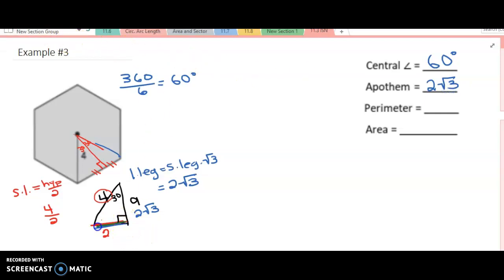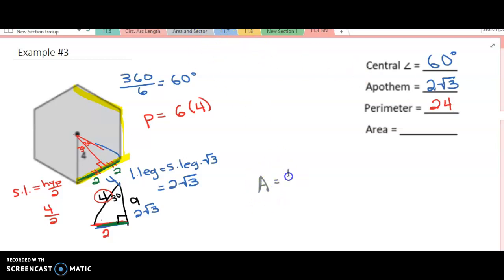All right, so just this piece is 2. So this piece is 2, which means this whole side is 4. This whole side is 4. So my perimeter, I have 6 sides. Each of them are 4, so 6 times 4 is 24.